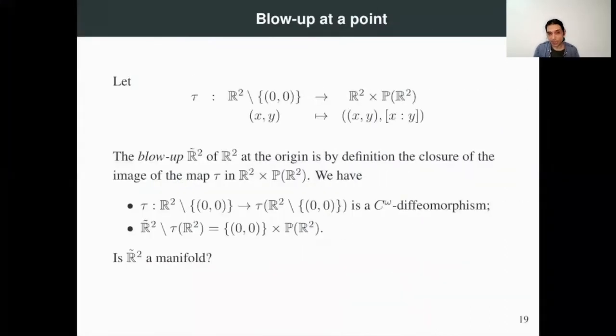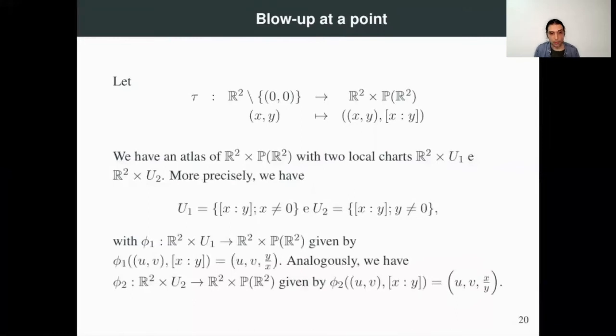And how can we show this without working too much, without actually doing too many calculations? Let's see it. Okay, so we have here the map tau, and we are going to consider an atlas of the product of the plane and the real projective line with two local charts.